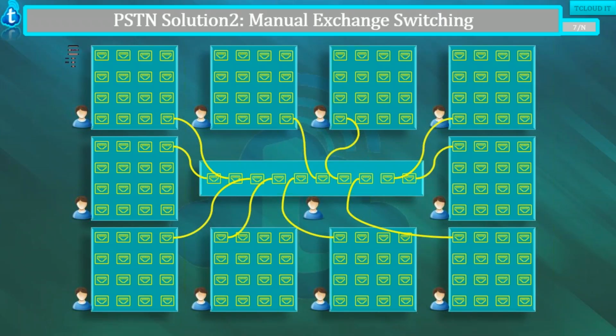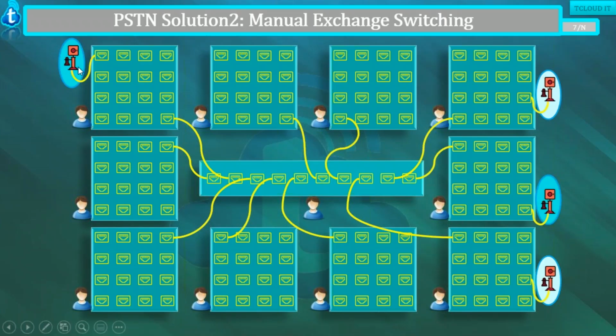Now, when you have that central exchange, you can make a call between any device and any other device. For example, we can make a communication from this device to this device by connecting this port to this port. We'll be able to make a connection from here to here. Then this is already connected to the main exchange. From this port, we can lead to this port because it is leading to this exchange.